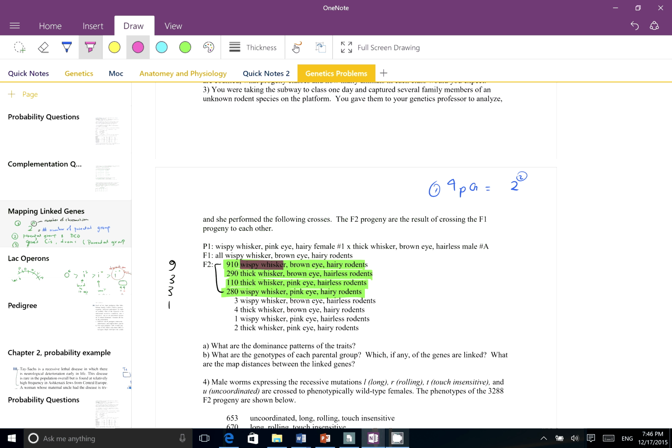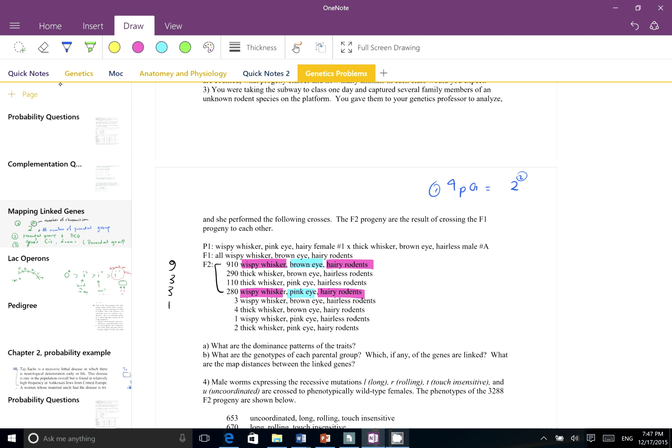I noticed that Wispy and Hairy always travel together. The only one that's creating the difference is Brown Eye, and here I have Pink Eye. So that's what's creating the difference.